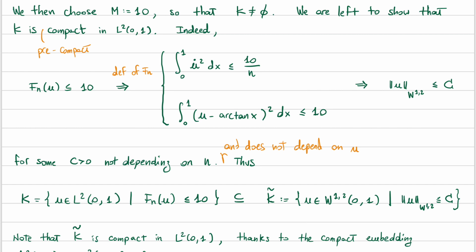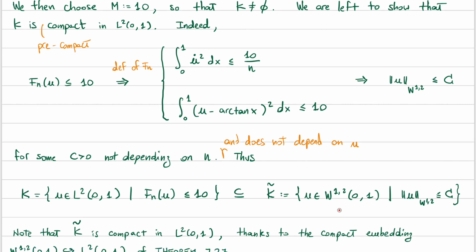It's just a constant. Therefore this shows that if u belongs to K, then u belongs to a ball of the W12 norm. So K is contained in K tilde, where K tilde is this ball of the W12 norm.